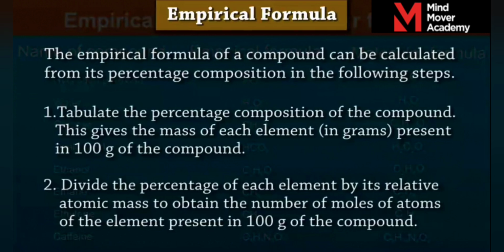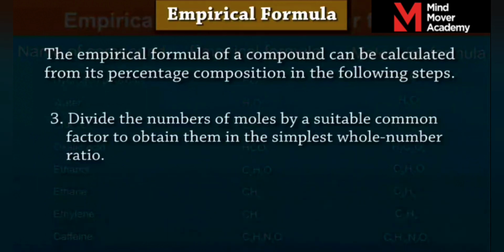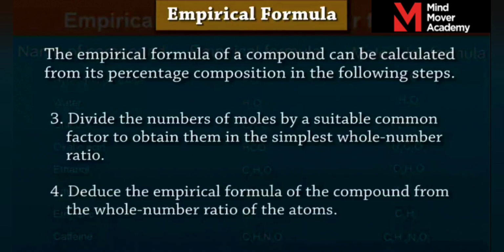Second, divide the percentage of each element by its relative atomic mass to obtain the number of moles of atoms of the element present in 100 grams of the compound. Third, divide the numbers of moles by a suitable common factor to obtain them in the simplest whole number ratio. Fourth, deduce the empirical formula of the compound from the whole number ratio of the atoms.